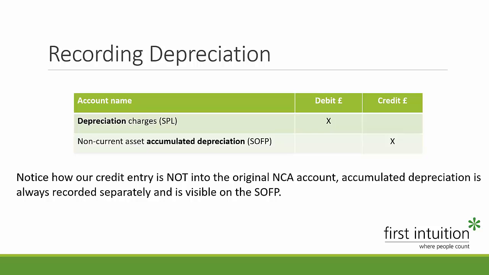Again, it's probably bread and butter to some of you guys now, but it's a very common mistake to make. It's also important to mention that when we are recording these entries, these are not going into the original non-current asset account. We always record accumulated depreciation separately. When you are working on statements of financial position, you will see that it is visible and has its own section. The reason for this is just to keep clarity in the information.